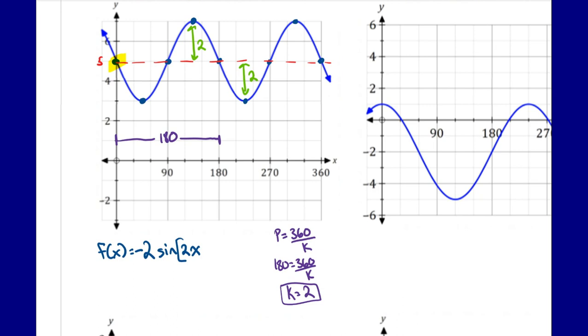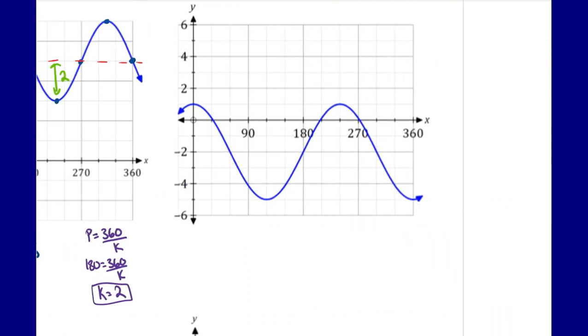Has that changed? And in this case, no, it hasn't. So there is no phase shift left or right. And then we have to check to see, is there a phase shift up or down, right? And we can tell that from our midline, which is a positive 5. So we've moved our graph up 5. And that's our equation. Right, we're looking for those four values based off of what we see in our graph.